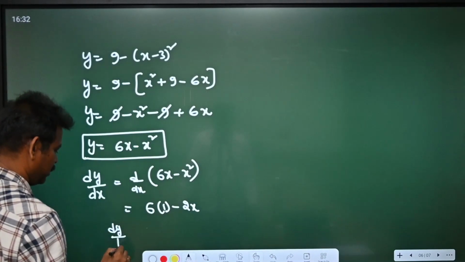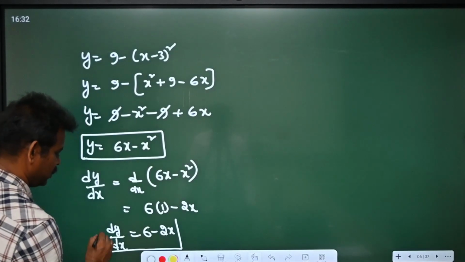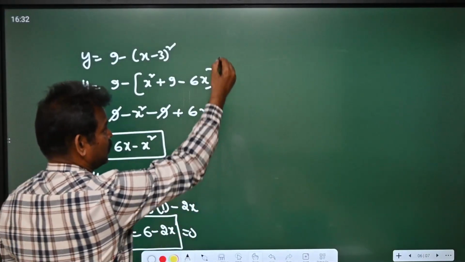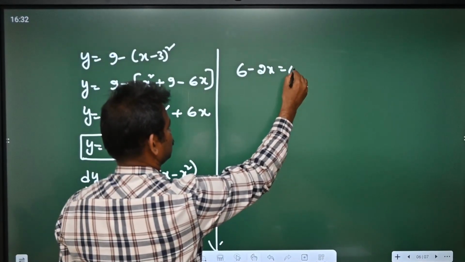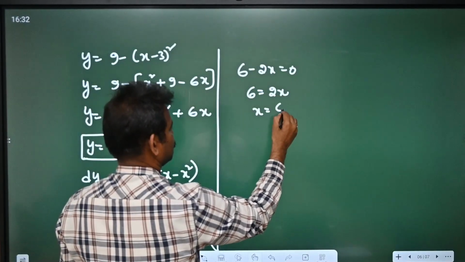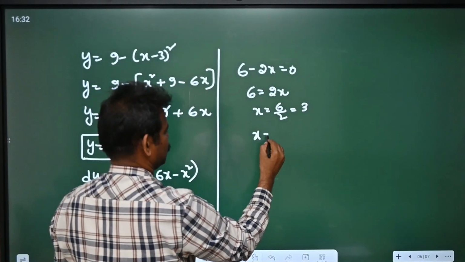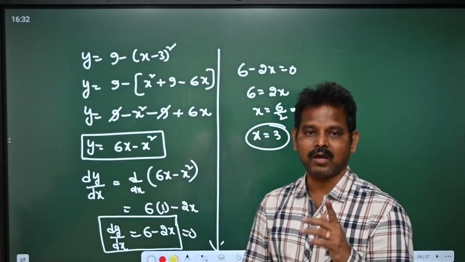So dy by dx is equal to 6 minus 2x. Now, if it is 0, students, our value will become 6 minus 2x is equal to 0. 6 is equal to 2x. X is equal to 6 by 2. This is 3. So, at x is equal to 3, the function will have either maxima or minimum value.